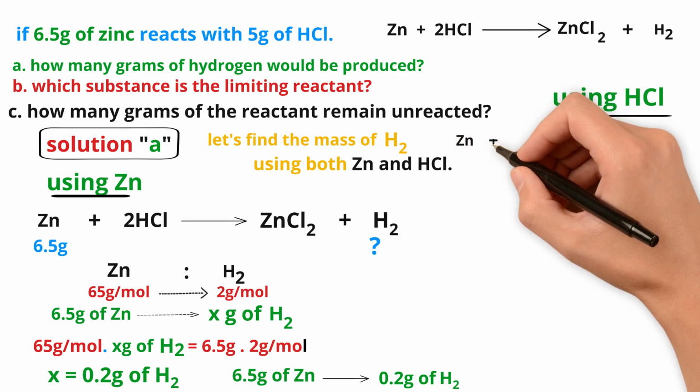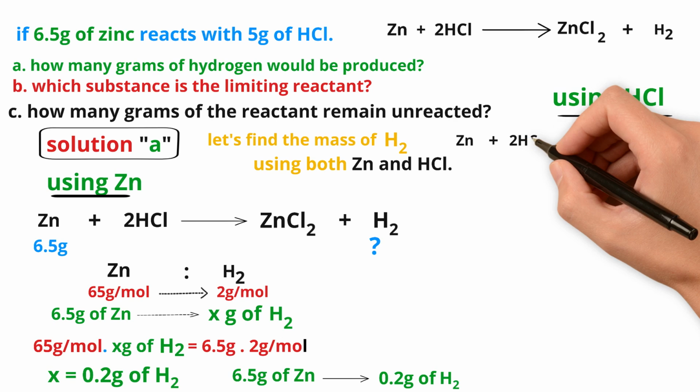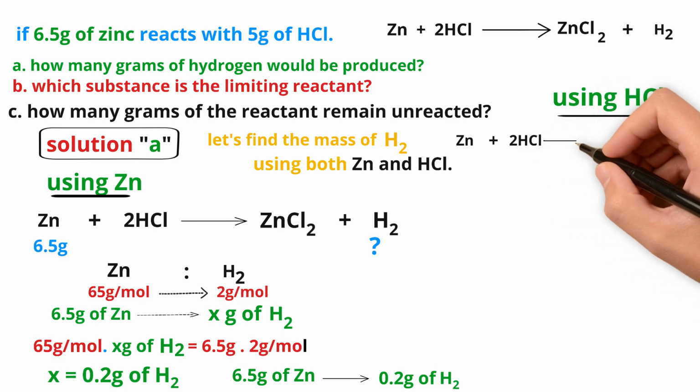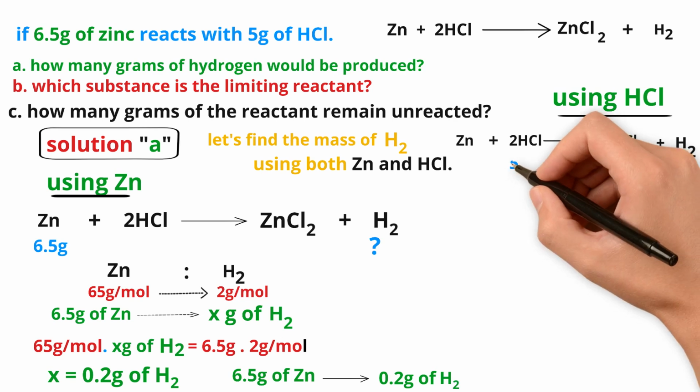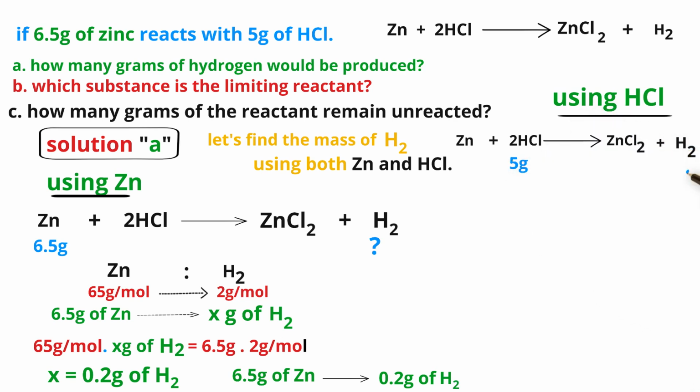Now using HCl, zinc reacts with 2 mole of HCl to produce zinc chloride plus hydrogen molecule. We know that the mass of HCl is given. Now let us determine the mass of hydrogen molecule. 5 gram of HCl produce how many gram of hydrogen molecule?